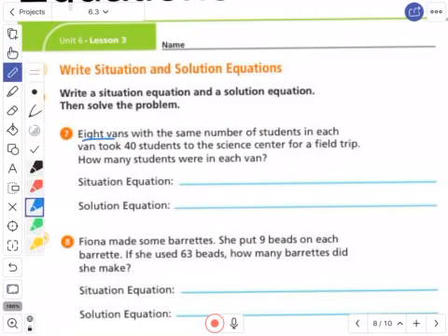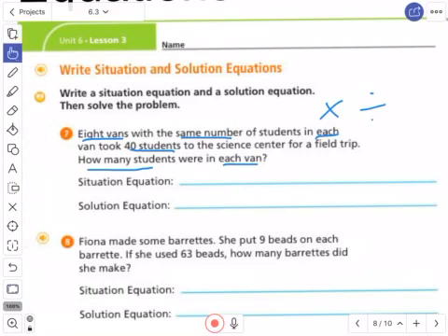So 8 vans with the same number of students in each van took 40 students. Well, that word each, I know that this is going to be a multiplication division problem. So it looks like they're switching it up from addition subtraction to multiplication division.